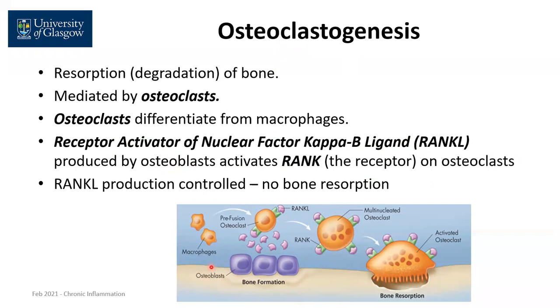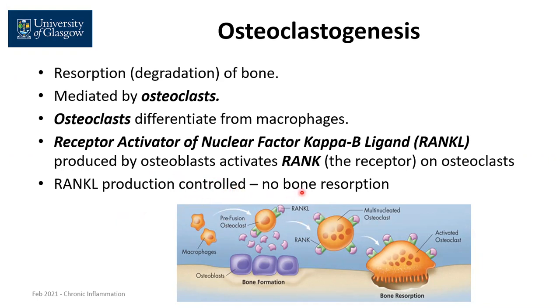So basically the osteoblasts and the osteoclasts will communicate with one another in a healthy situation, in a scenario where the process of bone resorption and bone formation is in equilibrium. And so this process is quite carefully controlled within tissue homeostasis.